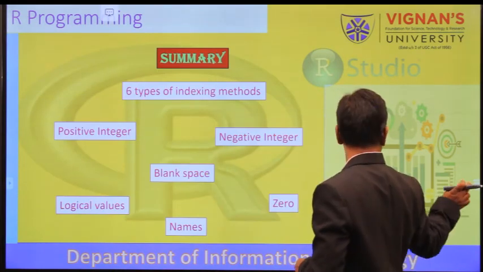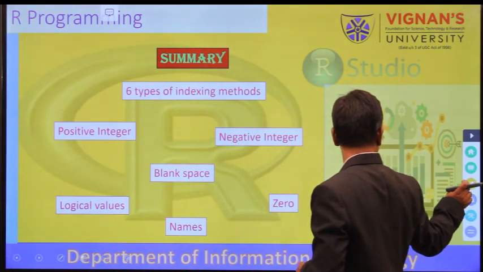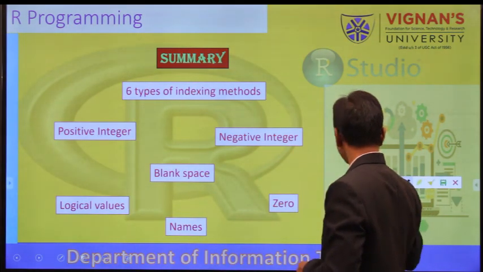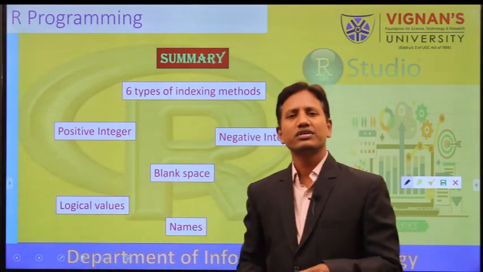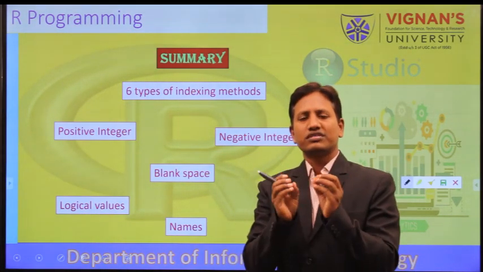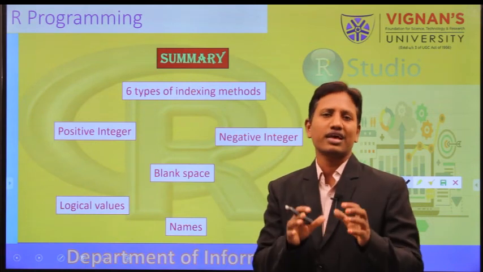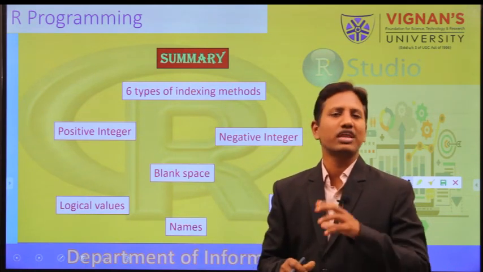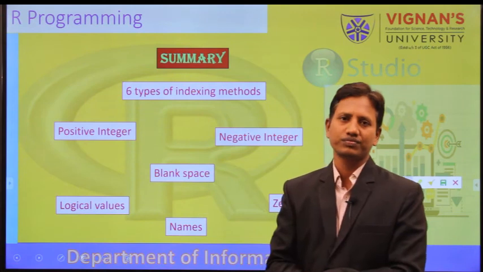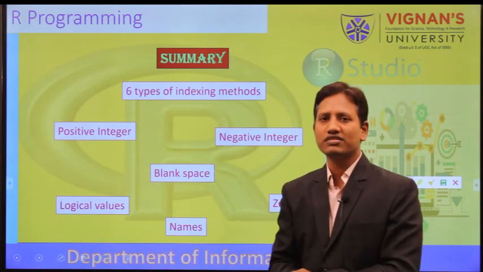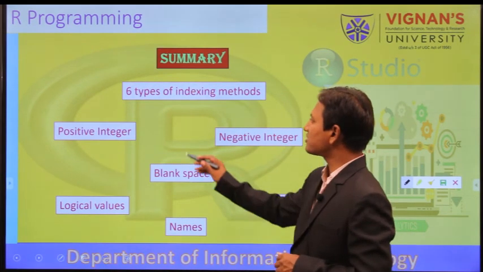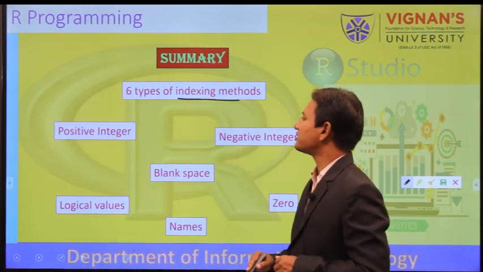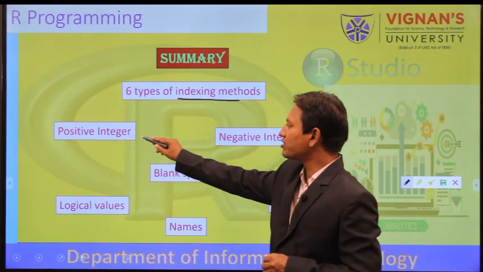Coming to the summary of this topic. In this session we have learned 6 different ways of accessing or selecting the values. It is a small topic, and a very important one. There are 6 types of indexing methods. One is the positive integer.